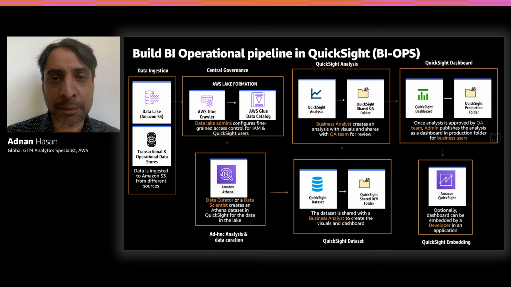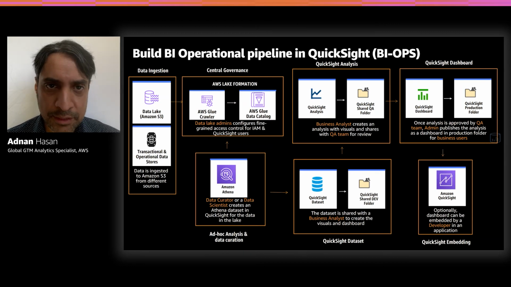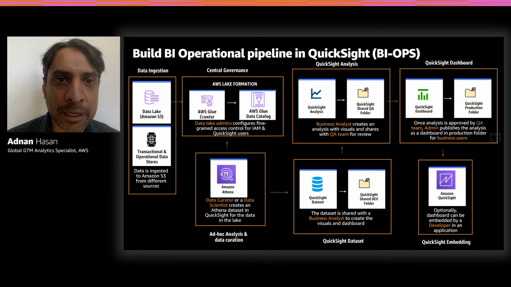This could also be applicable in scenarios when you have dev, test, and prod environments. Say you have a business analyst who is given access to create visuals in a dev environment. This is that scenario. Say you have data sitting in the lake or operational stores. An admin would create a catalog and lock it down with Lake Formation.